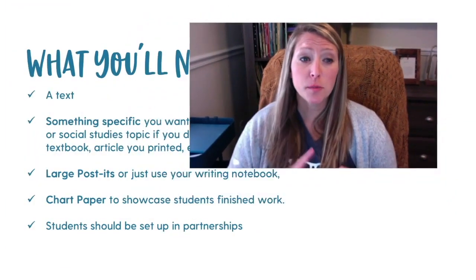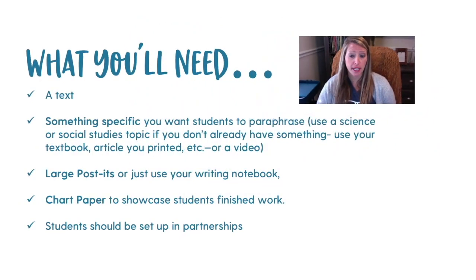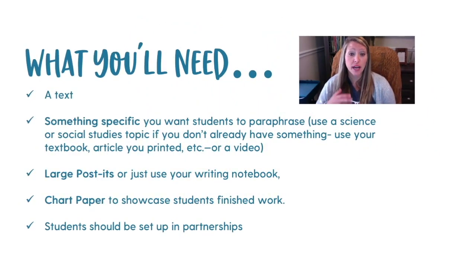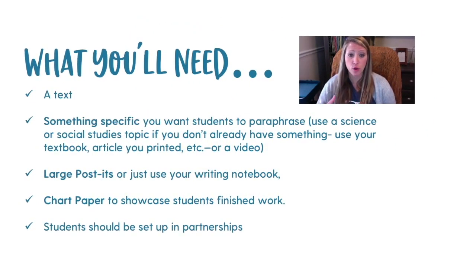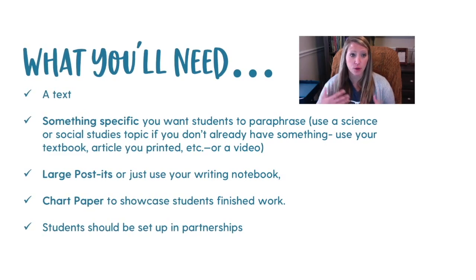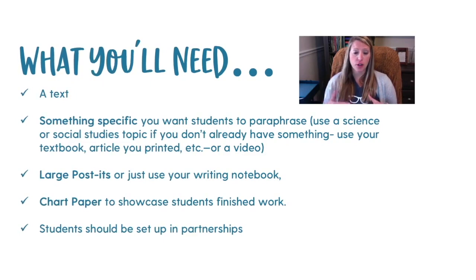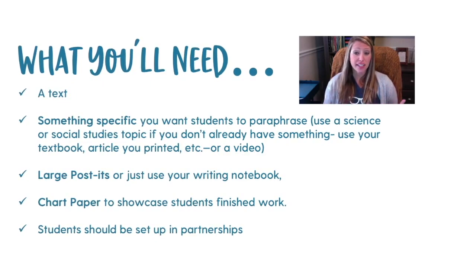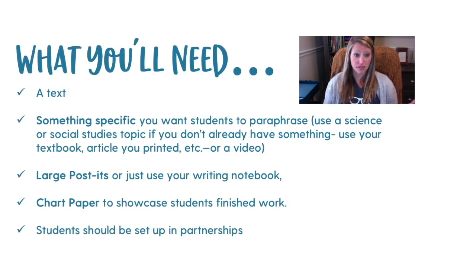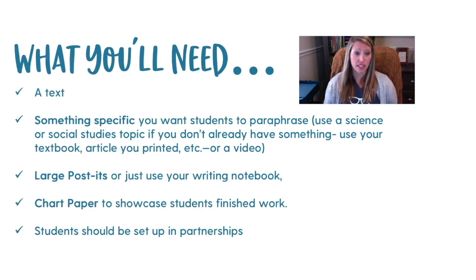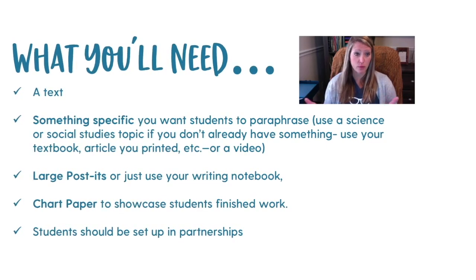So here's what you're going to need. You're going to need a text, something specific that you want students to paraphrase. You could use a science or social studies topic if you don't already have a writing article or prompt or essay that you're already working on. Your science or social studies textbook, or a topic that you're covering, is a great resource.